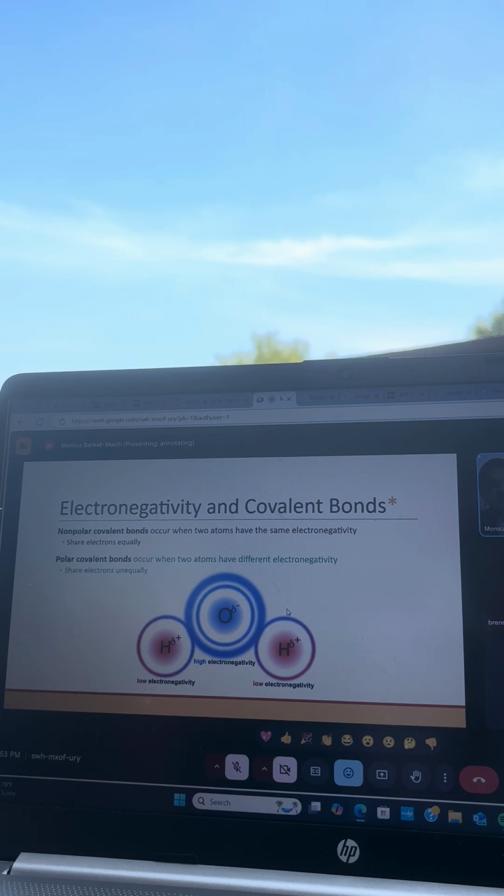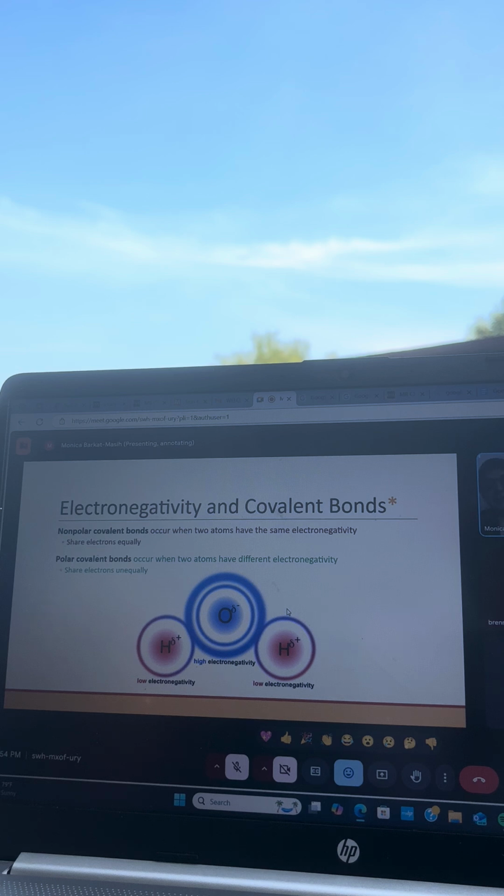And that is non-polar. And what is polar? When the electrons are not shared equally. There is unequal sharing. Like in water, oxygen will pull the electrons more towards itself.